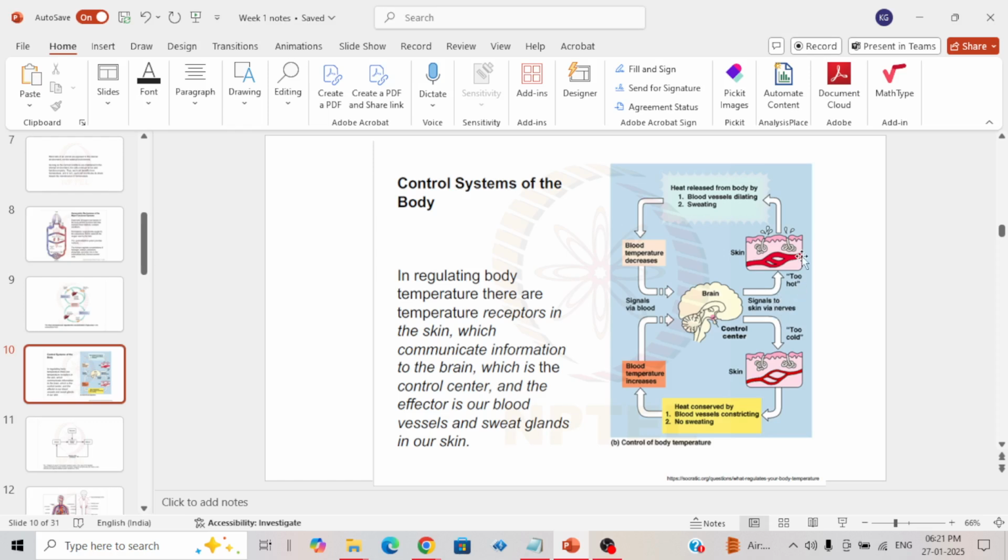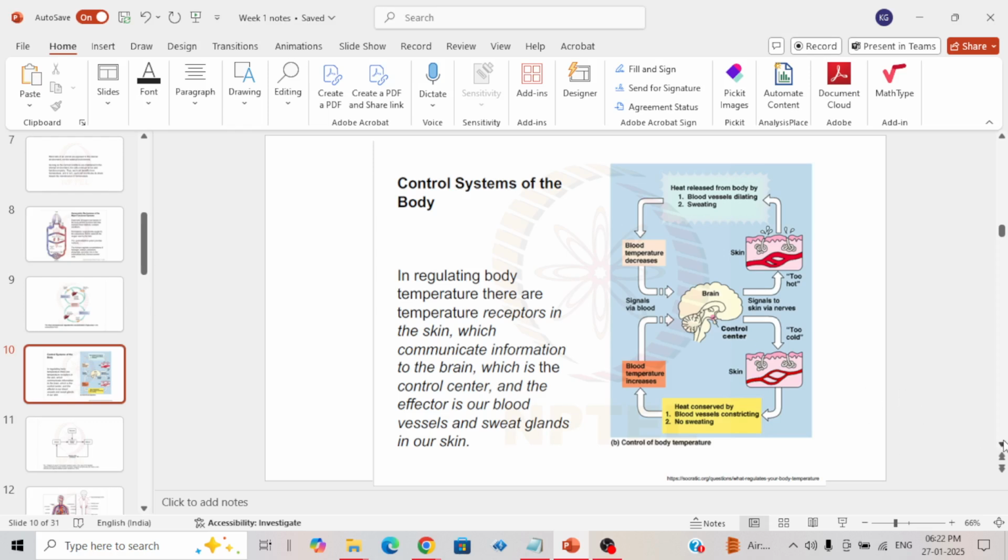Like if it is too hot, it will make the blood vessels dilate, causing sweating, again making the temperature inside the body lessen down to 37 degrees Celsius. And if the outside temperature is dropping below a certain temperature, like if it is cold outside, then the blood vessels will constrict, and instead of sweating, there will be shivering in the body, which will cause the generation of heat inside the body, and that heat will again help to maintain the internal body temperature for that particular person.